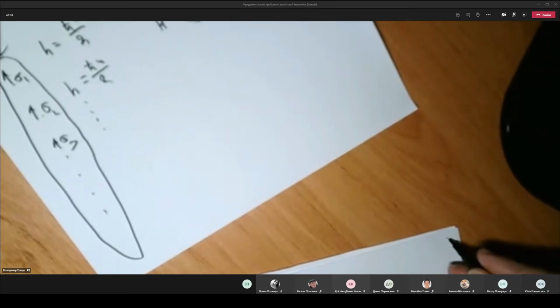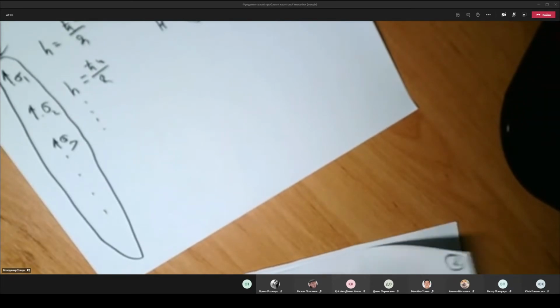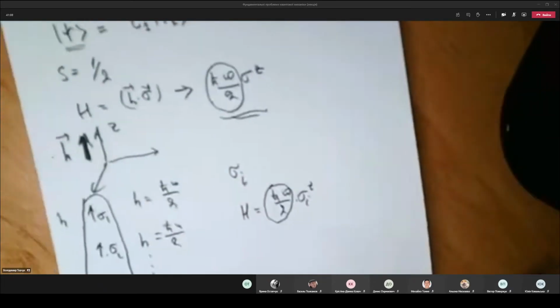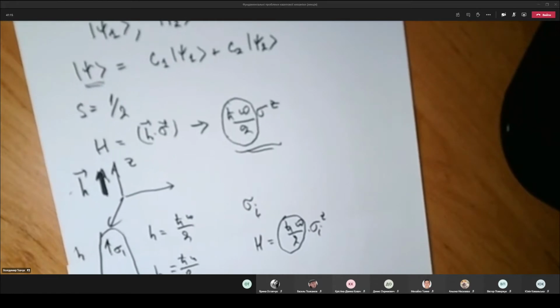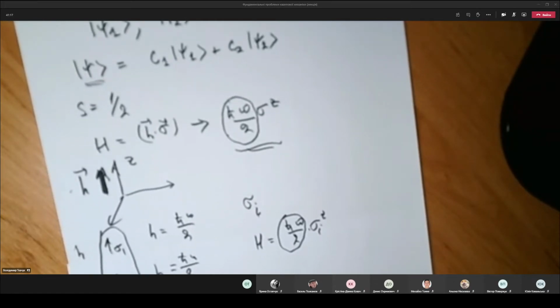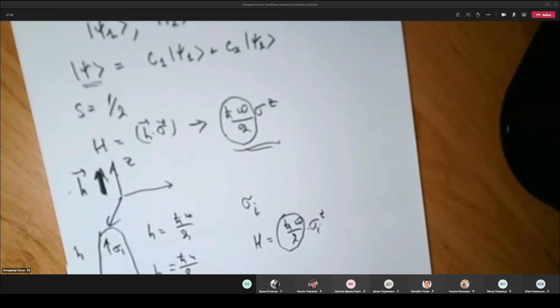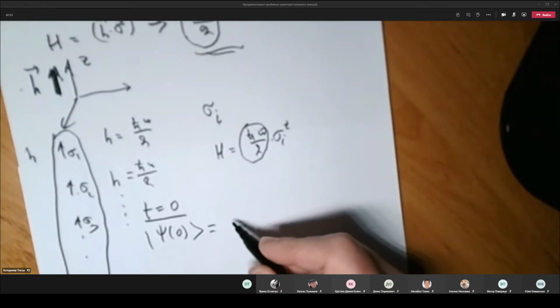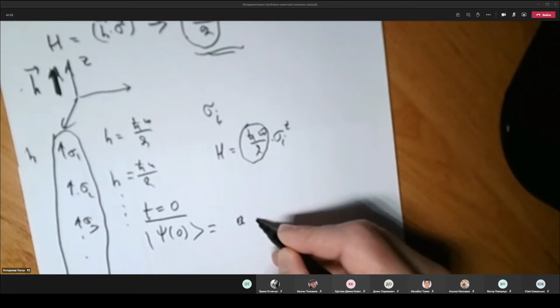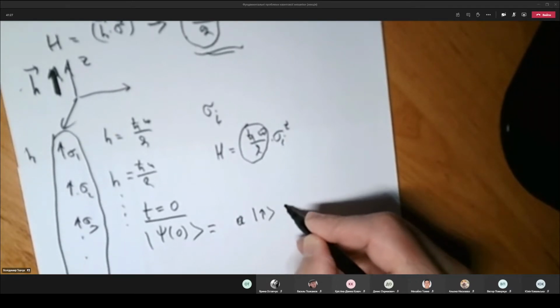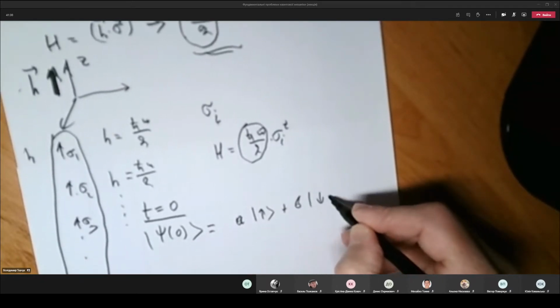At the time t equal to 0, we have the state psi 0, which is a superposition of two states, arrow up and arrow down: A arrow up plus B arrow down.